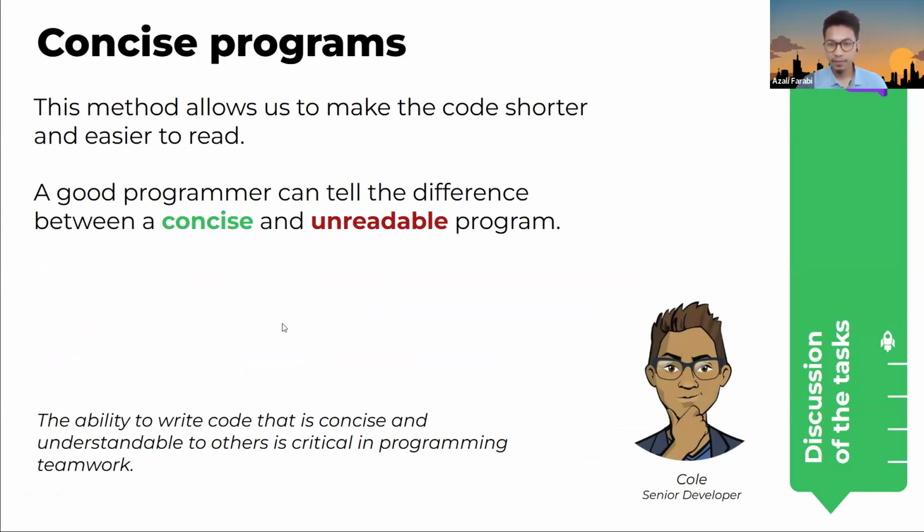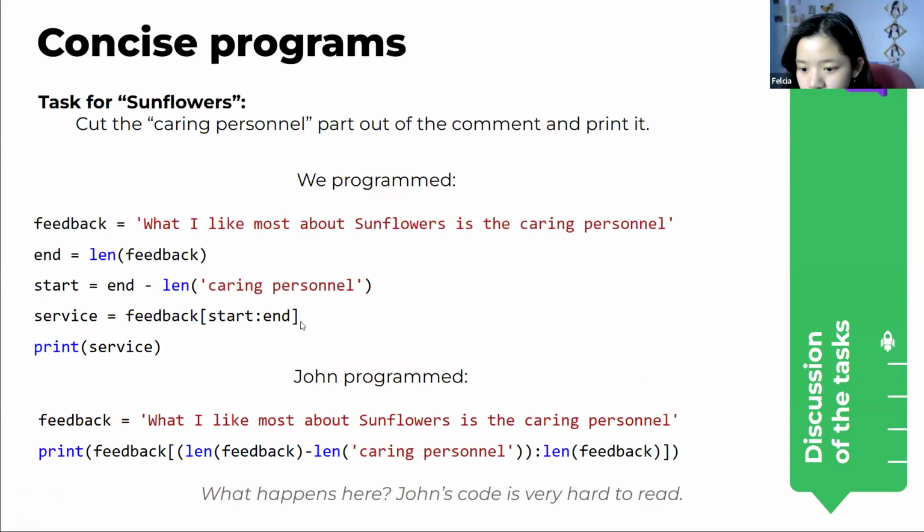Felsia, I want to tell you something like that. So it's not about knowing how to nest your code, but if your code is unreadable, I will say that's not efficient. Instead, it will make your team confused about your code.